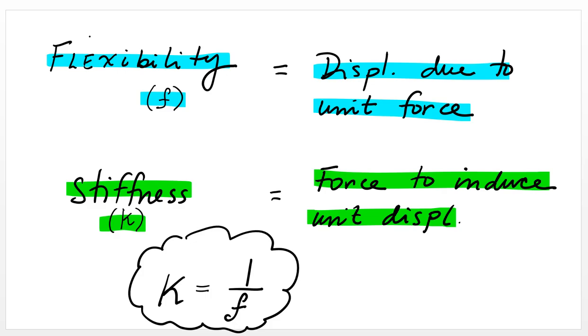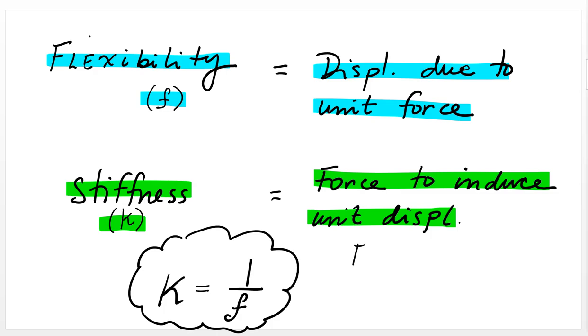So flexibility, displacement due to a unit force, stiffness, force needed to induce a unit displacement. If you work out the math, you can see how they are inverse of each other, reciprocals, right? So the stiffness is 1 over the flexibility. You can see that, right?